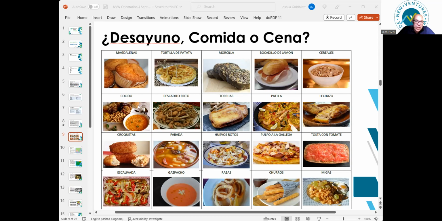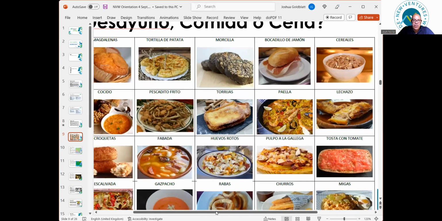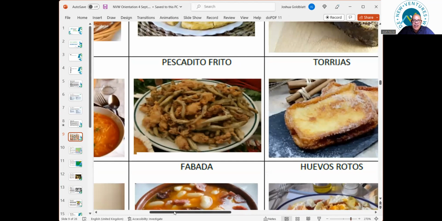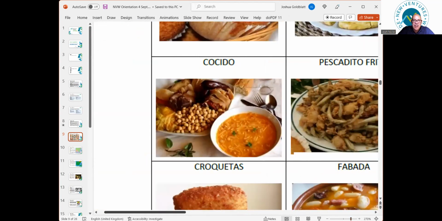What about a cocido? Oh my God, that is one of the biggest, heaviest meals which you could imagine in Spain. A cocido, if you can see there, has some beans, and it also has a soup, and some pasta, and some meat.